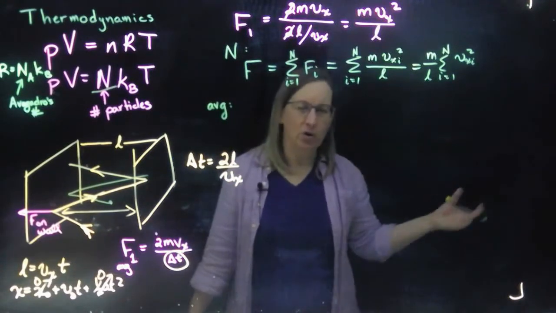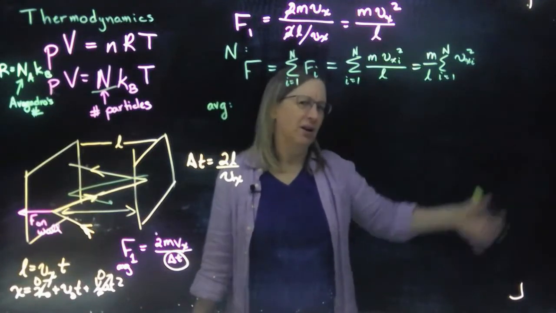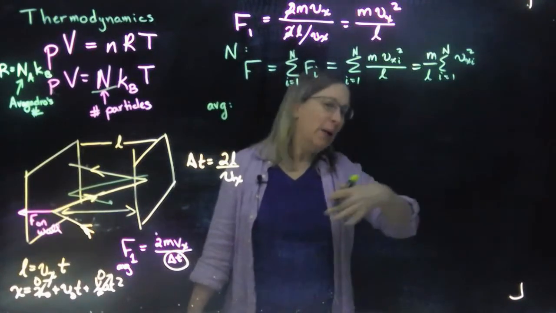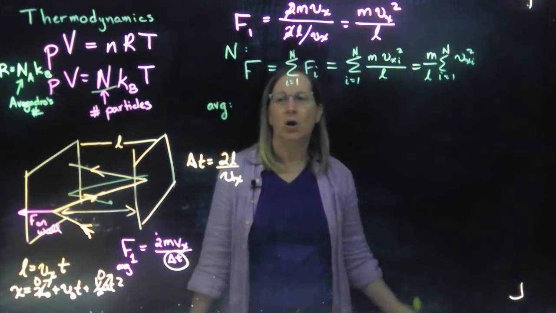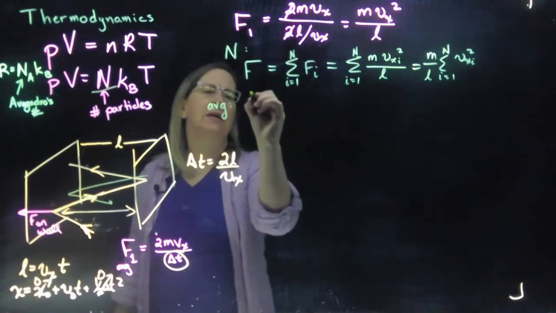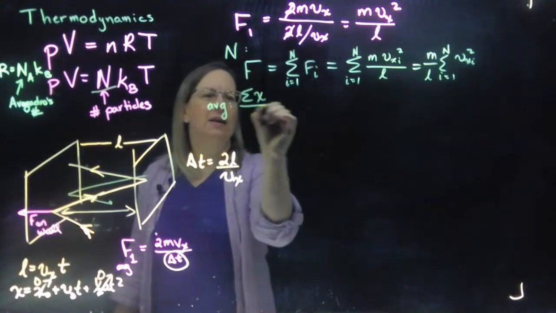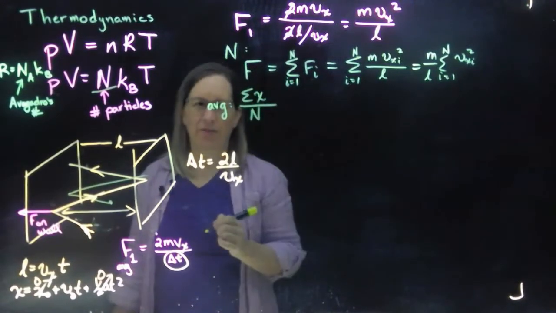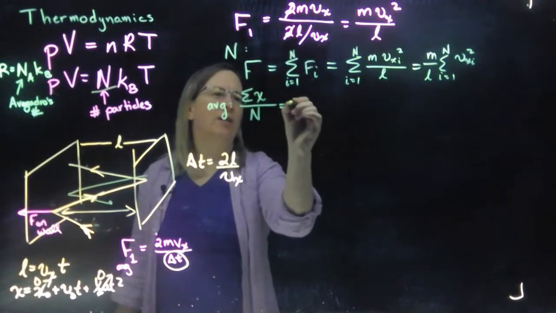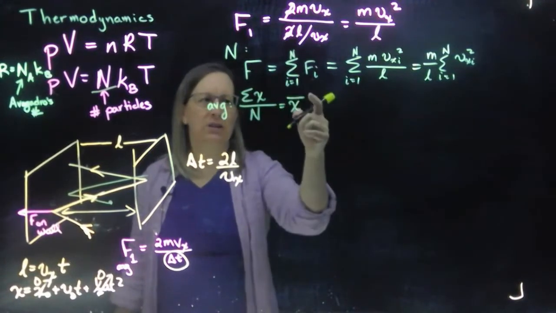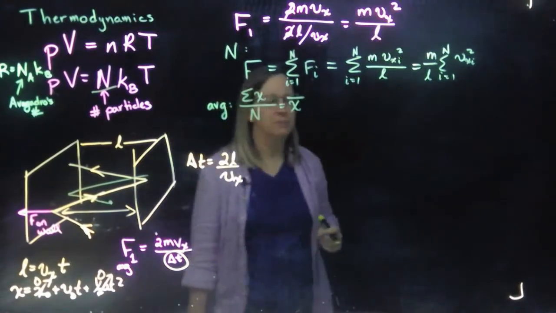You add up your 80s, your 70s, your 99s, your 95s, and divide by however many grades there are. So an average is adding up whatever it is over how many you have. That gives you what we call the average value of x, and we denote it with a bar often.